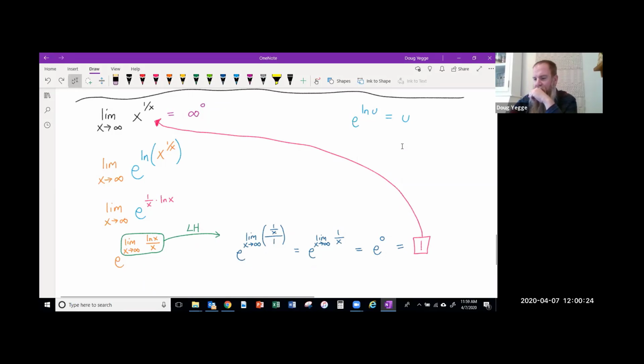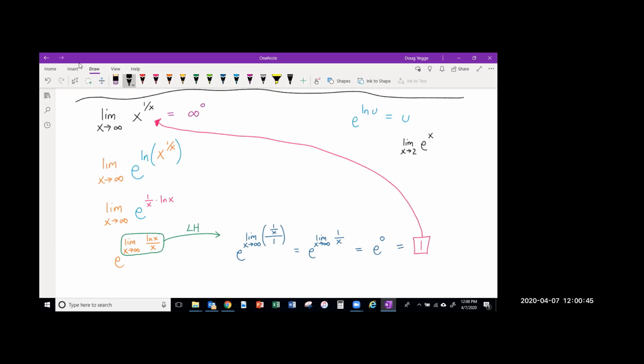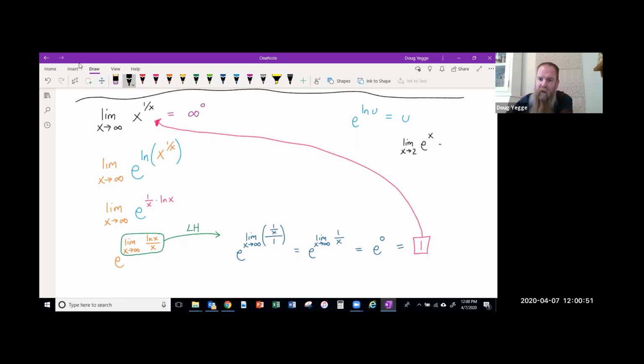So if I were to have, let's say, the limit as x approaches 2 of e to the x, how would you calculate this? Plug in 2. You would plug in 2, but aren't you plugging in 2 to the exponent? So the e really is just staying where it is.